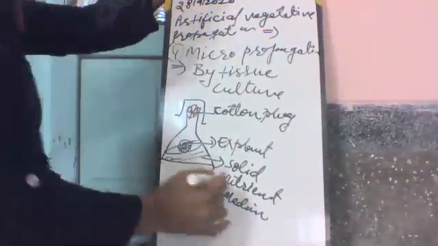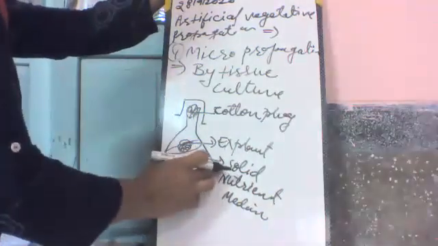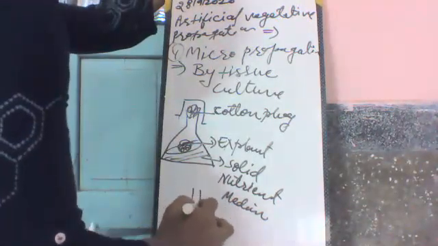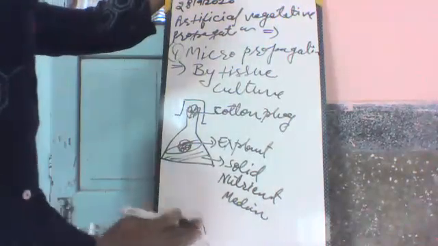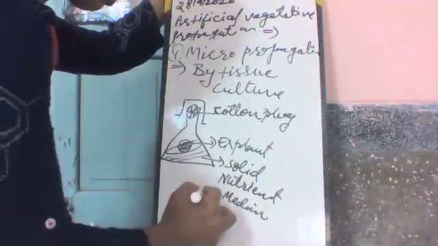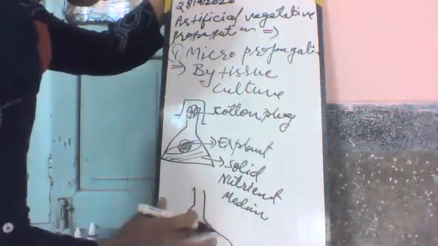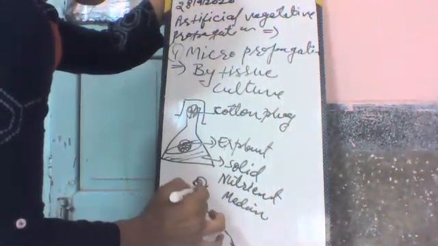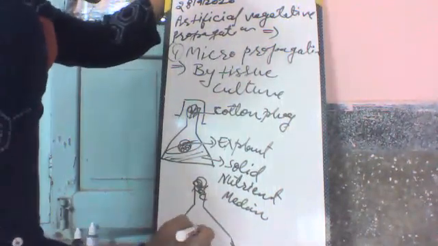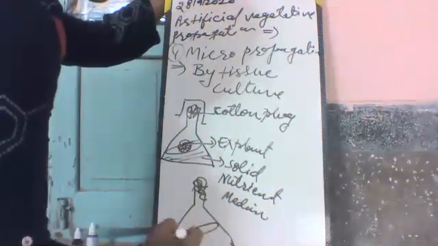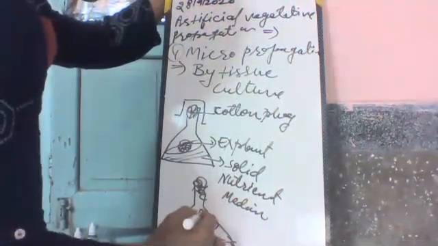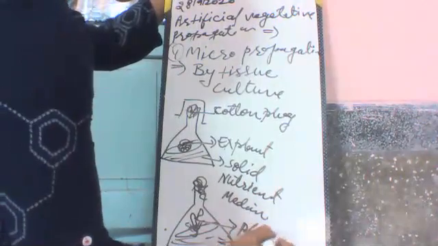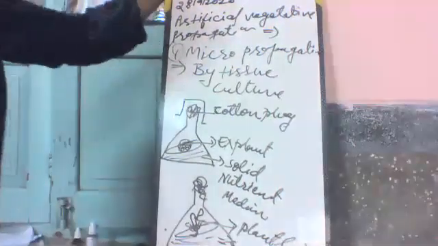After some time, after adding some regulators or hormones, it grows well into plantlets. It is known as plantlets.